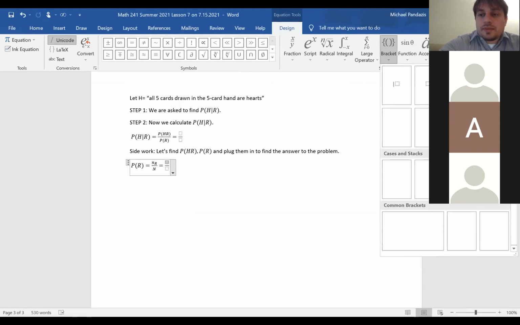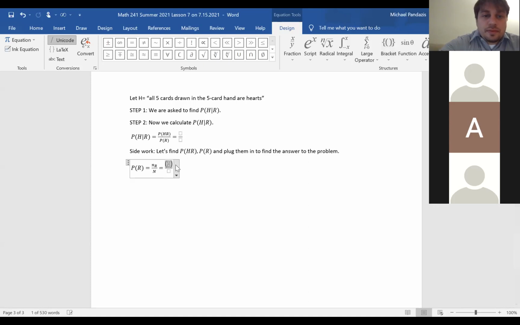Then that's 26C5, the number of ways of choosing 5 out of 26 red cards, divided by all the 5 card hands, which is 52C5, the number of ways to choose 5 out of the total 52. So that's the probability of that.